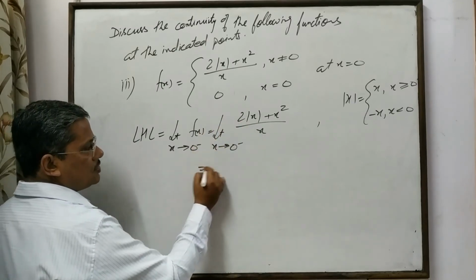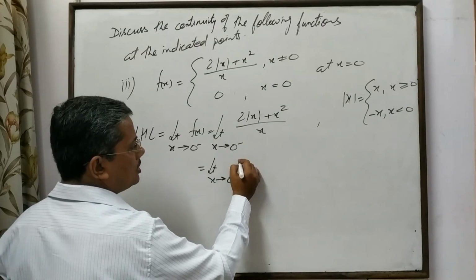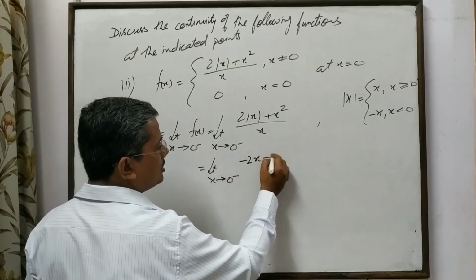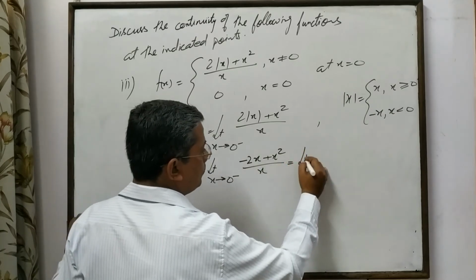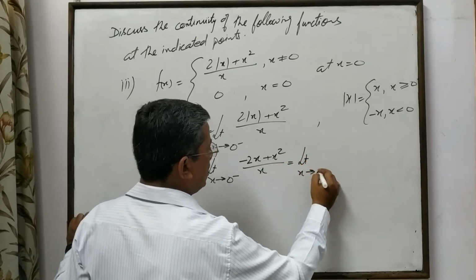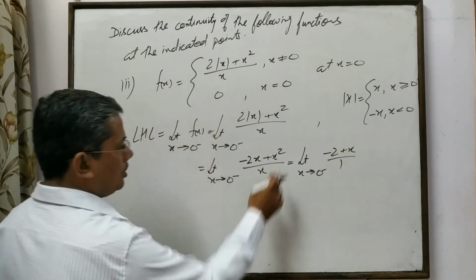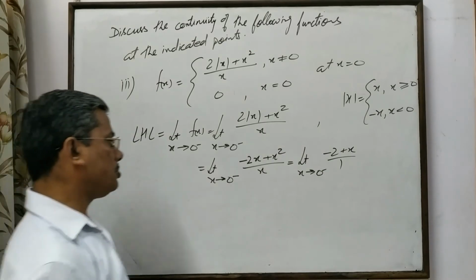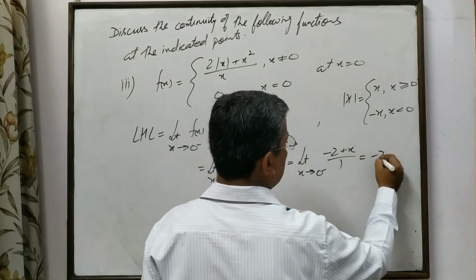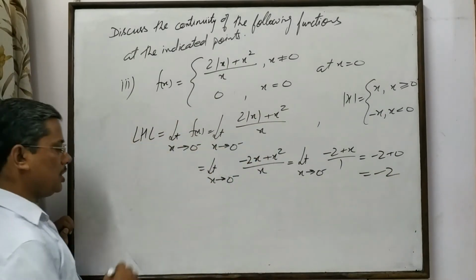When x is less than 0, mod x is minus x. So minus 2x plus x square upon x. This is limit x tends to 0 negative of minus 2 plus x upon 1, taking x common and dividing numerator and denominator by x. So this is minus 2 plus 0, which is equal to minus 2. The left hand limit comes out to be minus 2.